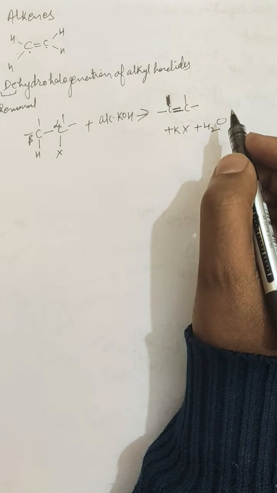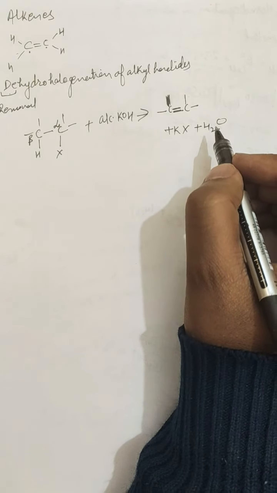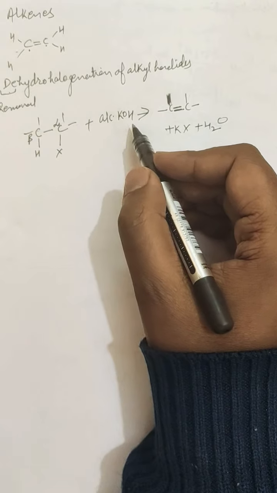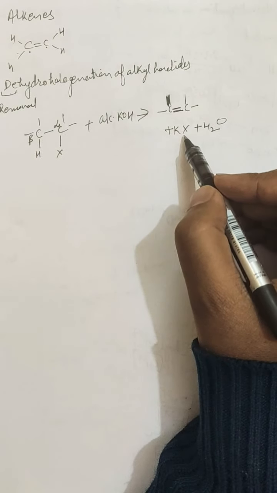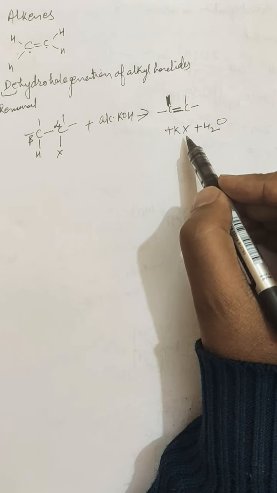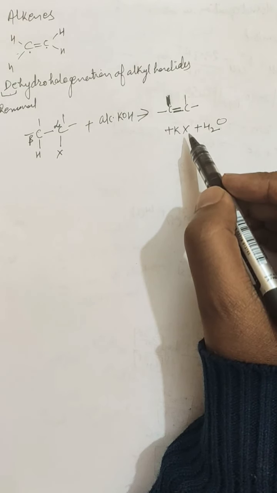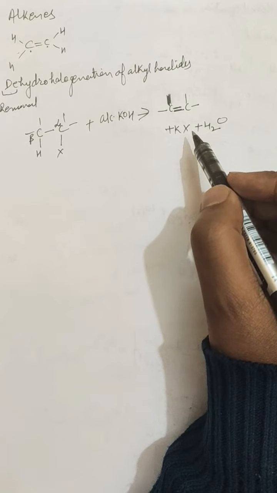So when an alkyl halide molecule with beta carbon is refluxed with a concentrated alcoholic solution of a strong base like potassium hydroxide, a molecule of HX is removed and an alkene is formed. So this is basically dehydrohalogenation.